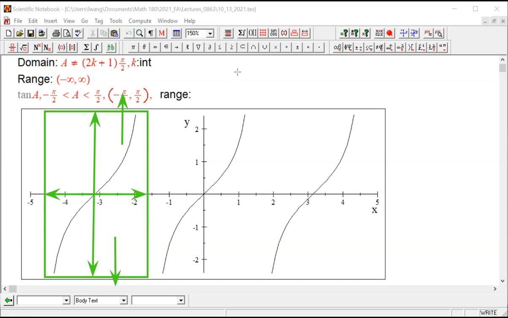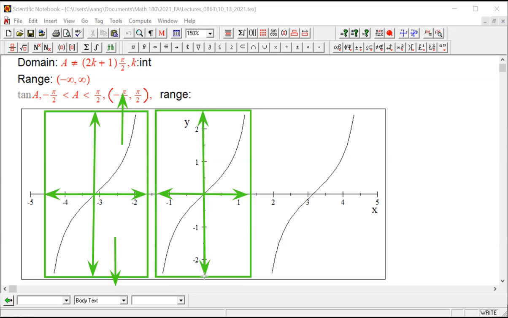And this is true for all the slices. For that slice, the horizontal span is to be specified, and the vertical span is from negative infinity to positive infinity. We cannot contain them.